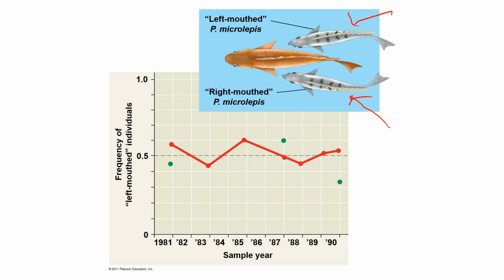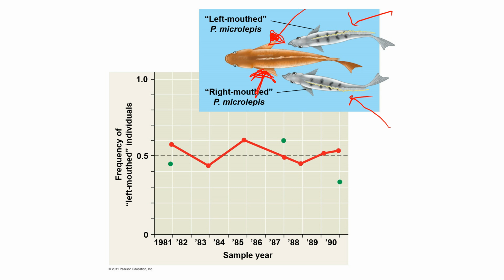That has to do with the fact that these fish, individuals with a mouth on the left side, tend to prey on larger fish, feeding on their scales on the right side. The fish with a right mouth prey on the left side of the fish.